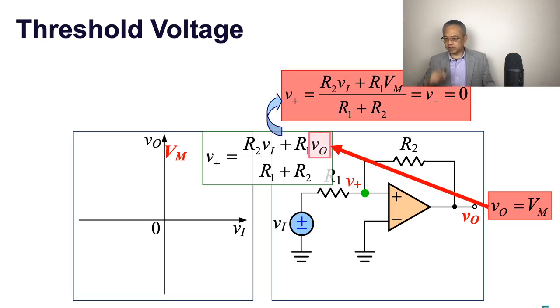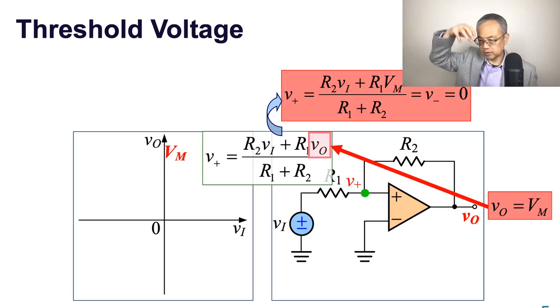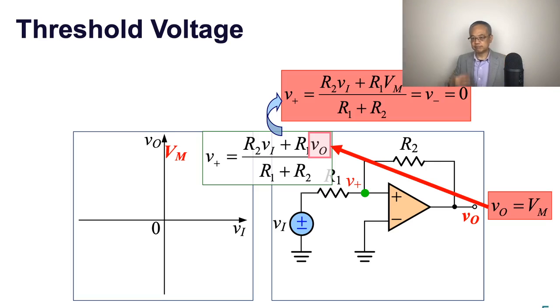Let me repeat that. Let's go back. Now you try to figure out the threshold voltage, right? So what's the threshold voltage? The ball, in the physical analogy, when the ball is on the top of the hill, corresponds to the situation when V positive equals V negative, which is connected to 0, right? So we simply command V positive equals 0.